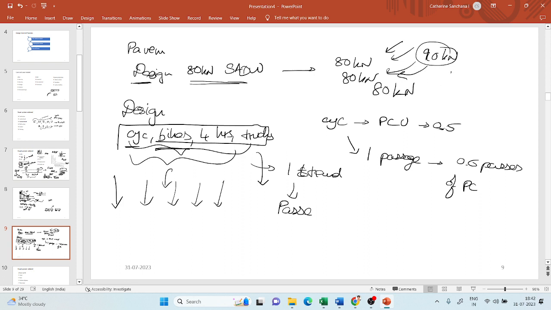So maybe 0.9 times of 90 kilonewton is equivalent to one time, one time means one passage of 80 kilonewton.